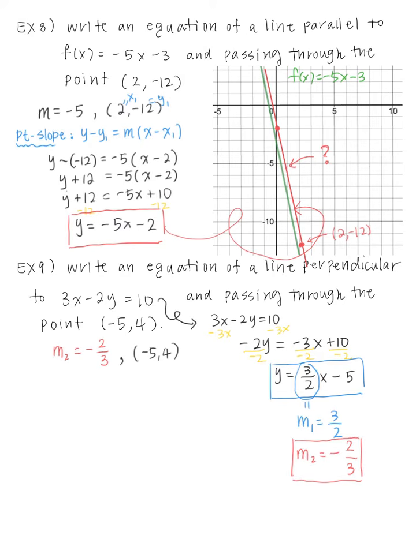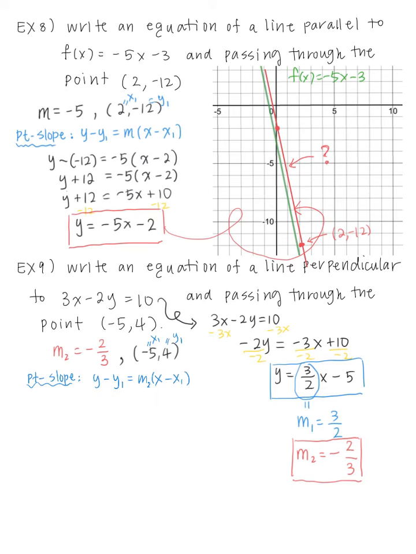All right, so always start out with the point-slope form because you're given a point and a slope, right? So let me write that out. y minus y1 equals m times quantity x minus x1. You can think of this as m2 if you want to be really nitpicky. Our x1 is negative 5 and y1 is positive 4.